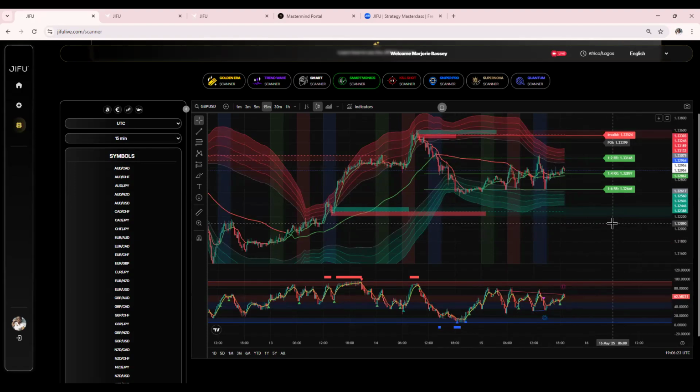So if you swing trade, maybe using the 4 hour time frame, Smartmonics is good for you. If you're an intraday trader and you trade on the 2 hour and 1 hour time frames, then Smartmonics is good for you. The only thing that is close to scalping on Smartmonics is the 15-30 minutes time frame.